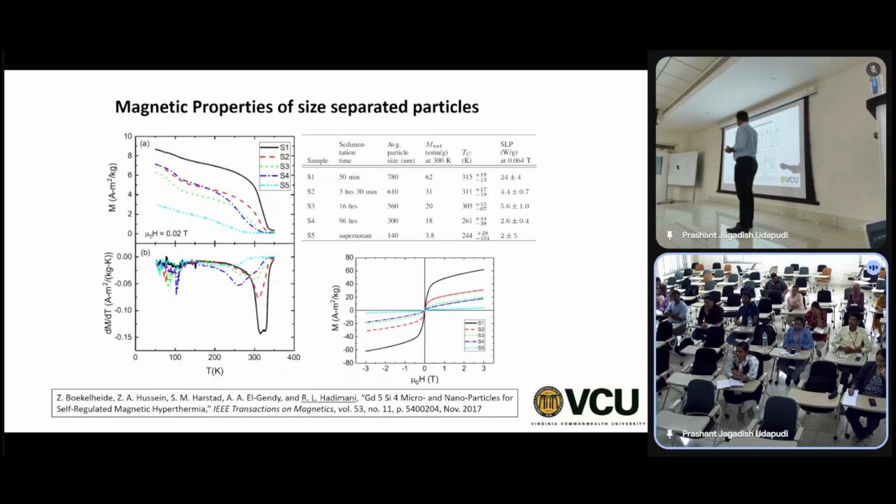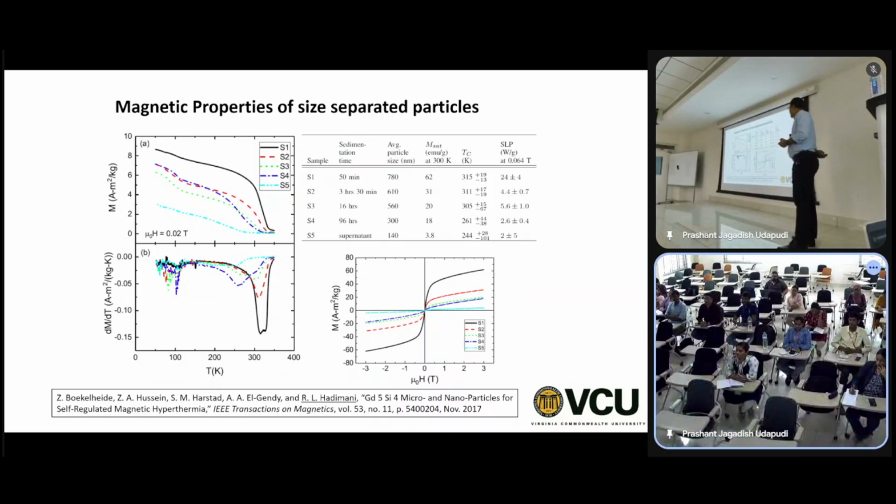So this is the transition temperature here, which is close to 340 degrees here somewhere. So this is for S1. Sorry, not 340, it's 310. And the smaller particles have lower and lower transition temperature.